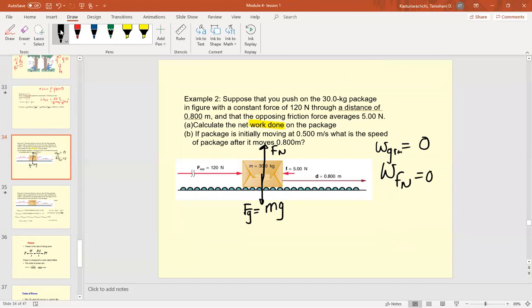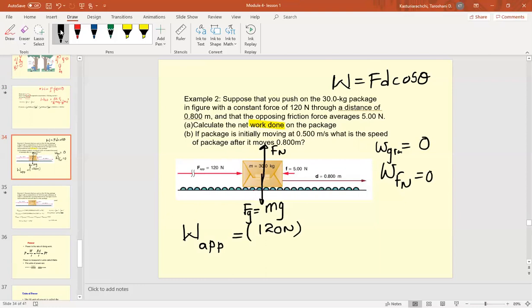Now I'm using F d cosine theta because I don't have any velocity information to use the work energy theorem. That's why I'm using this. Pause this video for a second and think why I put work done by gravity 0 and work done by normal force 0. If you don't know, go back to previous examples and figure it out. Alright, let's look at work done by the applied force, which is 120 newtons.